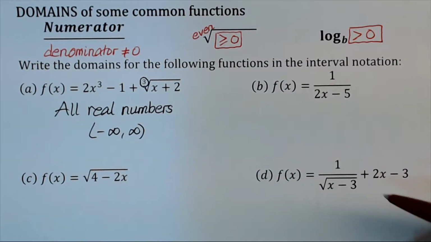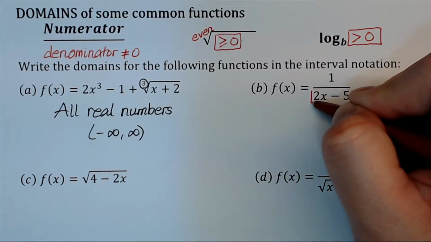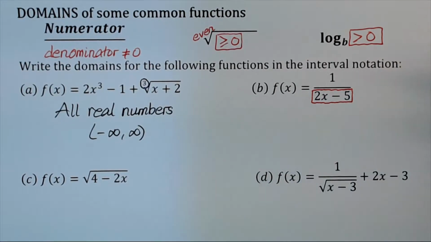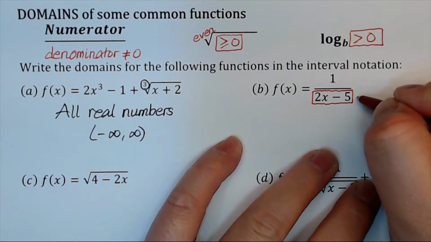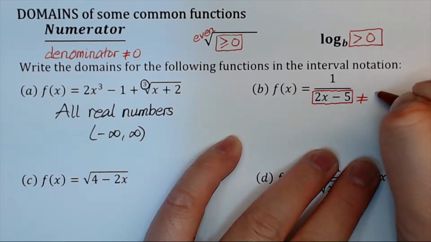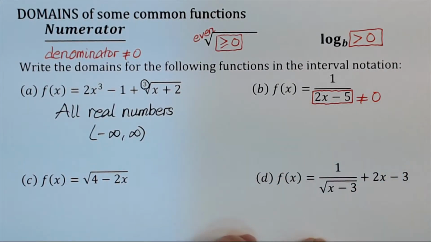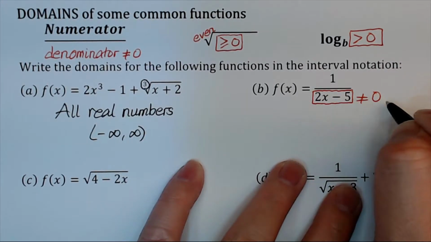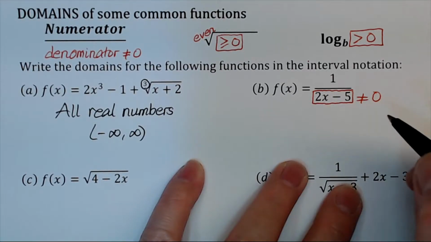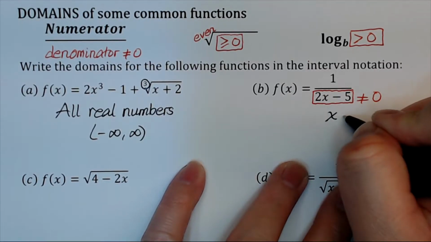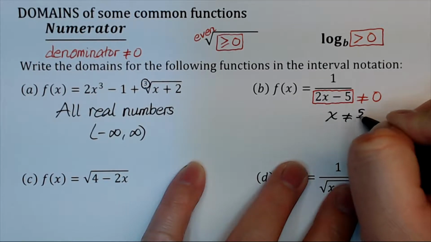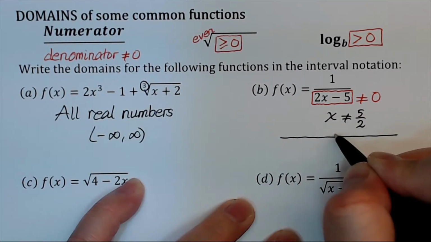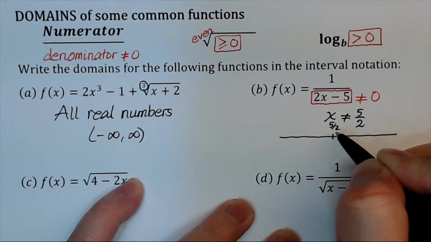Next, we have a rational function. We have the denominator 2x minus 5, and by that rule, the denominator cannot equal 0 because dividing by 0 is undefined. So denominator not equal to 0. We add 5 on both sides and then divide by 2, so x is not equal to 5/2. Now if we draw a number line, there's a 5/2 here.